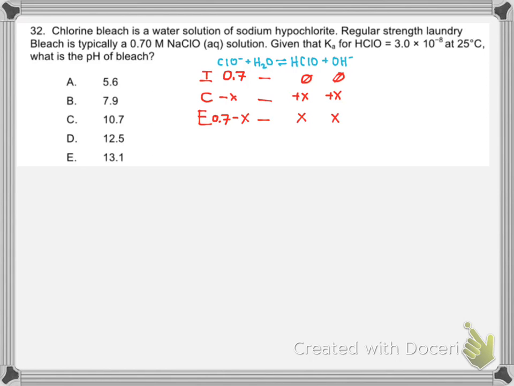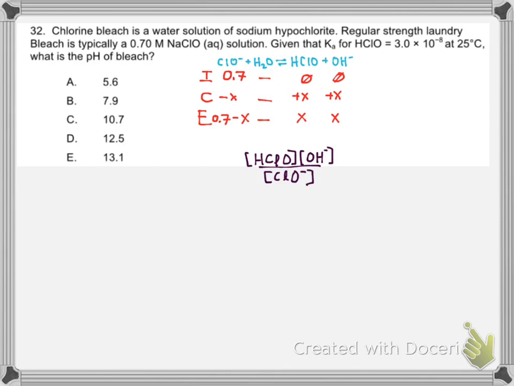The next thing we have to do is couple this with our equilibrium expression. Here, our products are HClO and hydroxide over our reactants, ClO-.